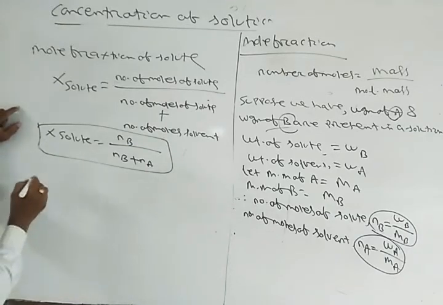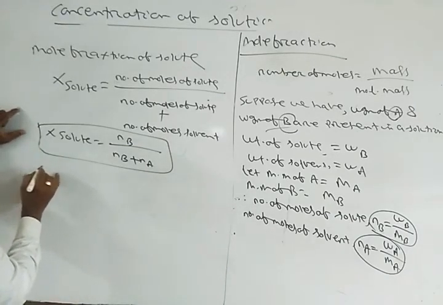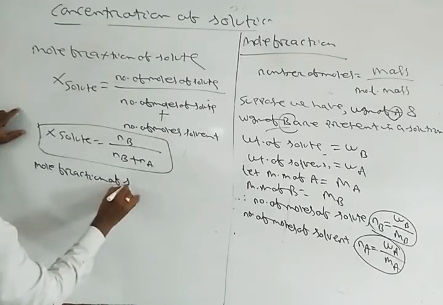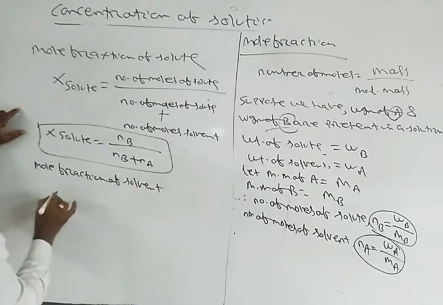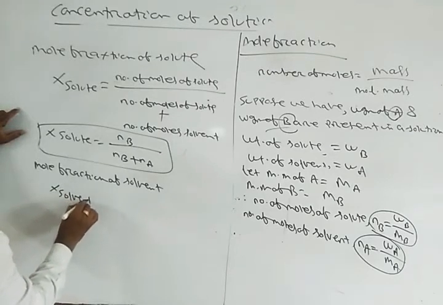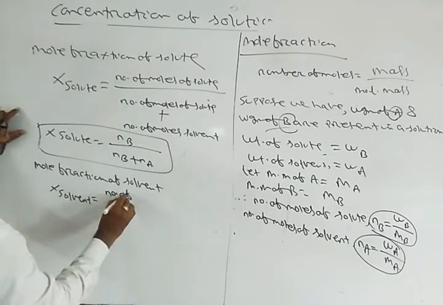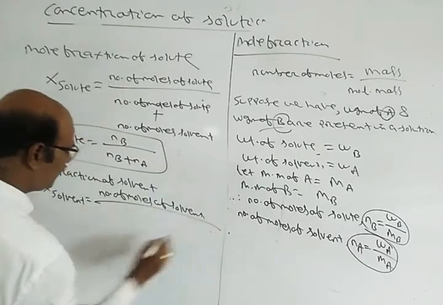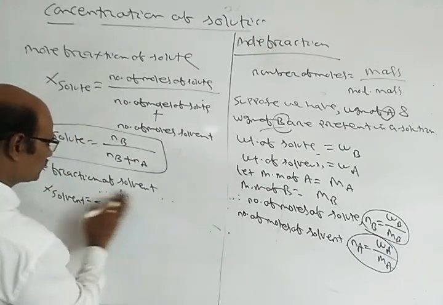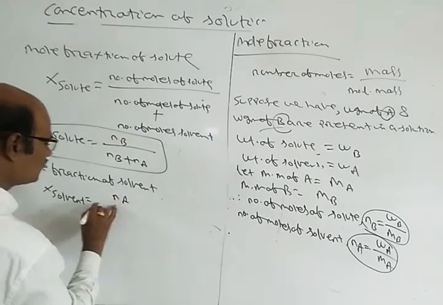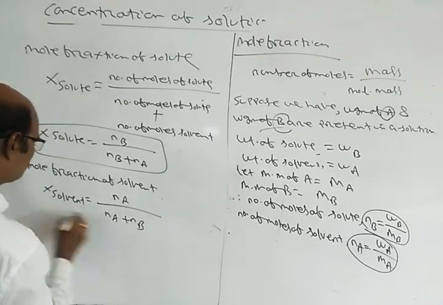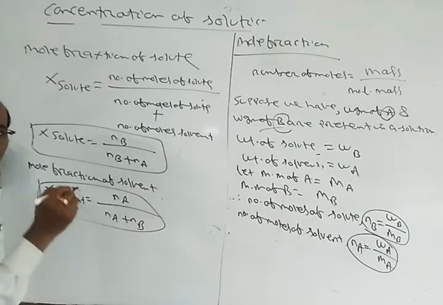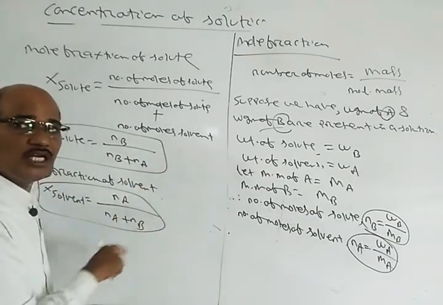Okay, and similarly your mole fraction of solvent, X solvent, is equal to number of moles of solvent, which is your N A, divided by N A plus N B. So mole fraction of a particular component is equal to number of moles of that component divided by total number of moles.